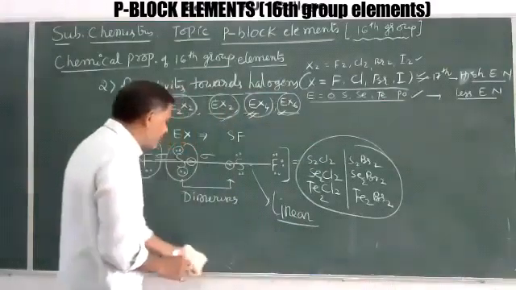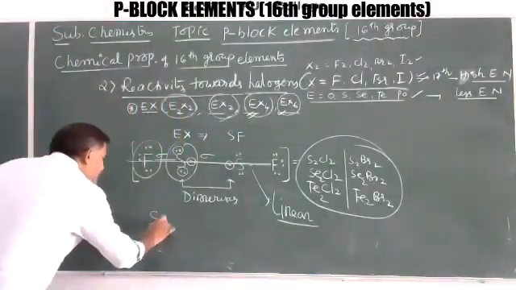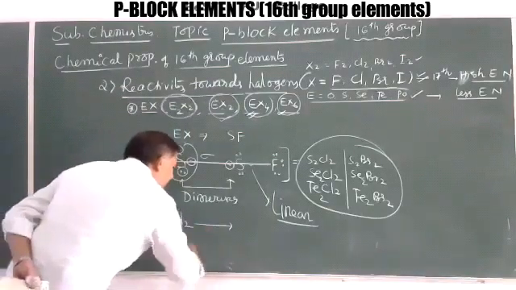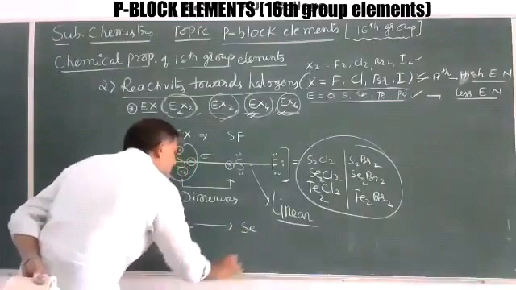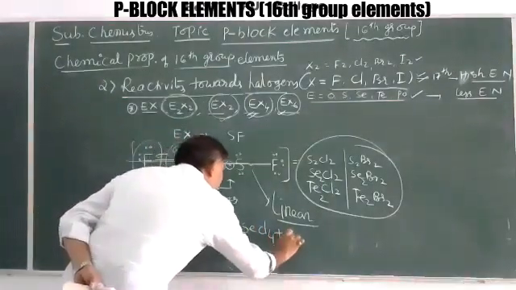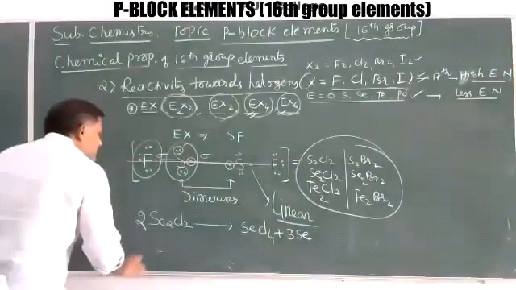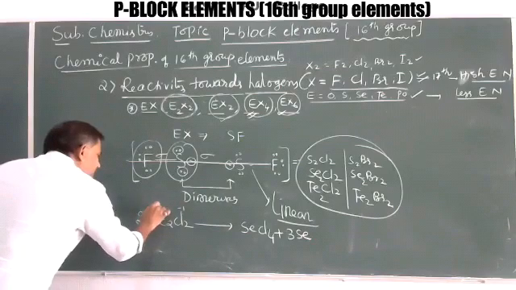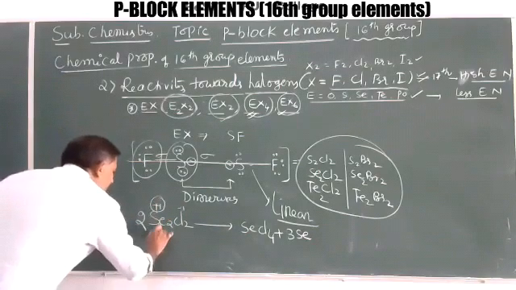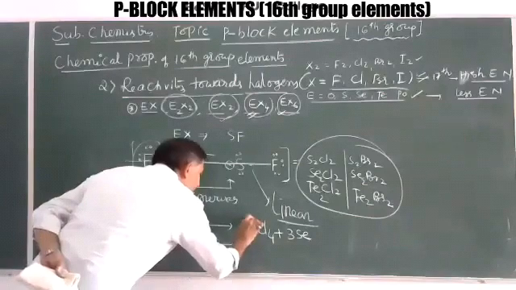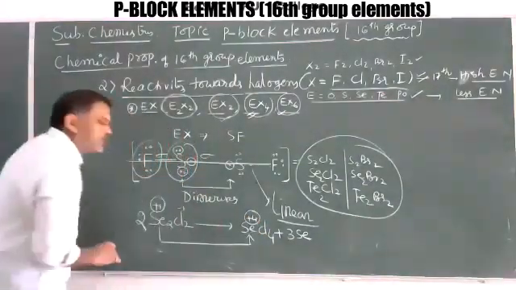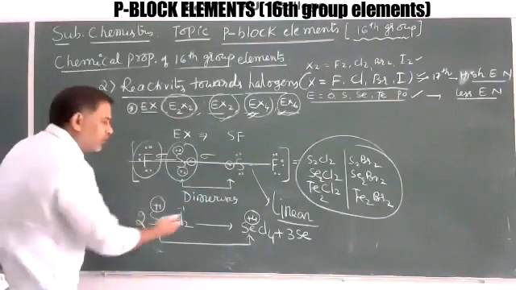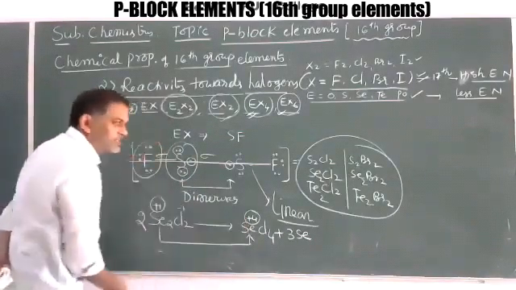That disproportionation reaction is here: Se2Cl2, here the 2 moles. On disproportionation, it gives SeCl4 plus Se. See here, in this case, -1 into 2, -2, this is the +1 oxidation state. Now here, the oxidation state is +4. What happens? +4 increases, meaning removal of electrons takes place. Removal of electrons means positive charge increases.